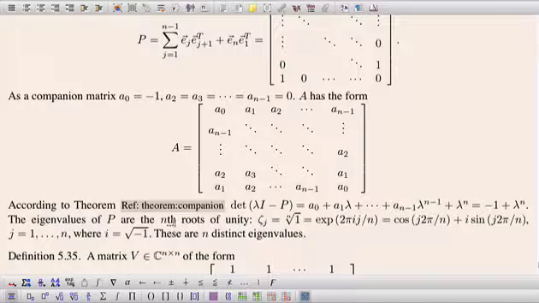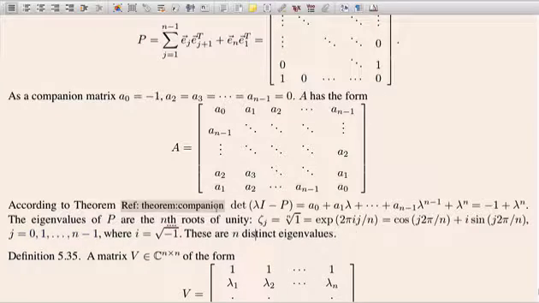You get the nth roots of unity, the nth roots of 1, but in complex variables we actually have n of them, written in the form e to the 2 pi i j over n, or you can also write it with the cosine and the sine, where i is the imaginary unit and j goes from, well, that's another mistake here, it goes from 0, 1 up to n minus 1. And note that these are n distinct eigenvalues, and these are on the unit circle.